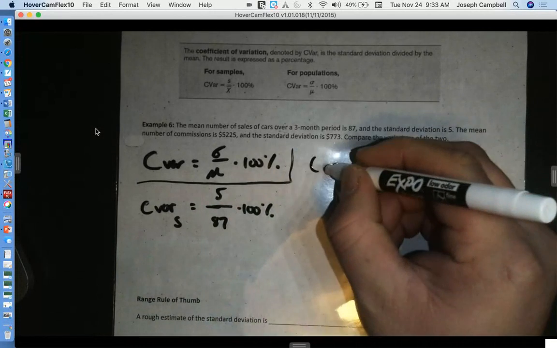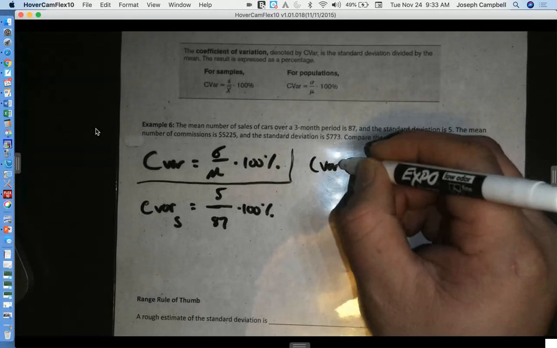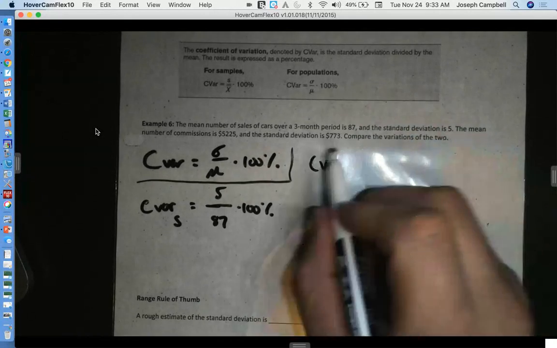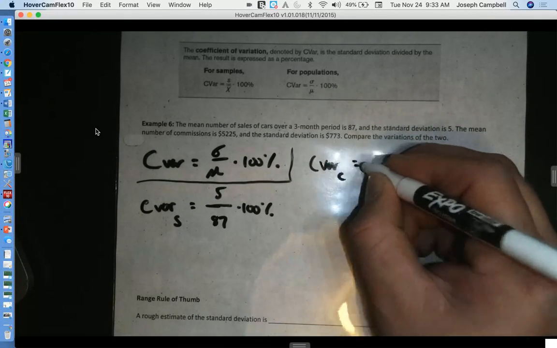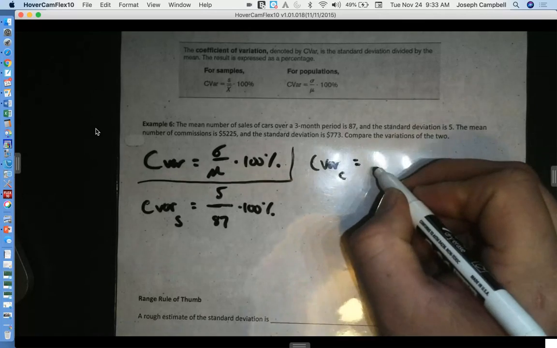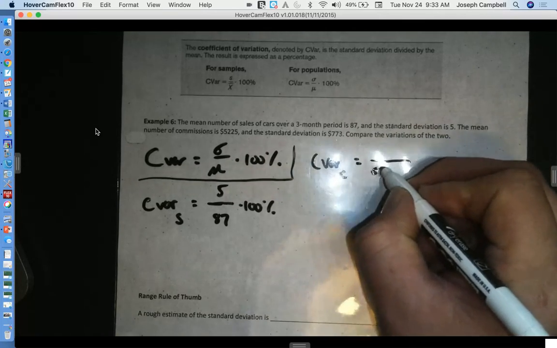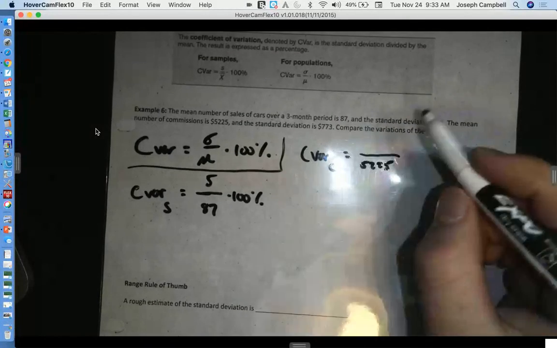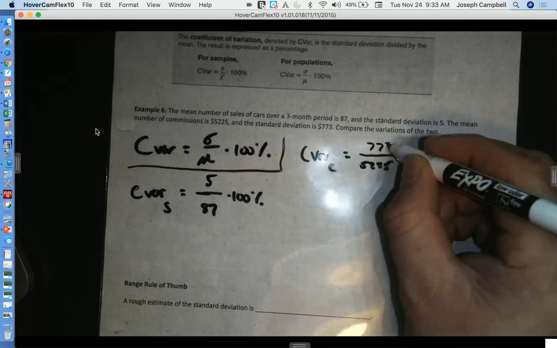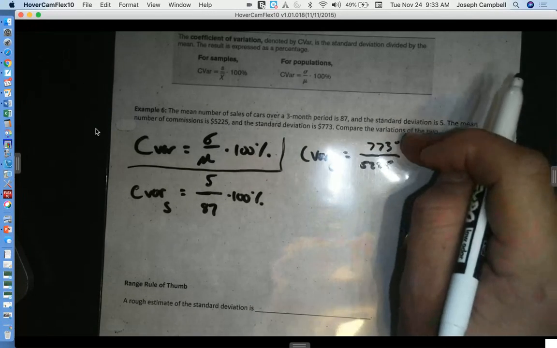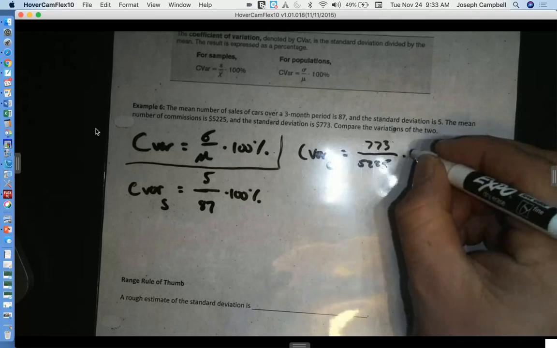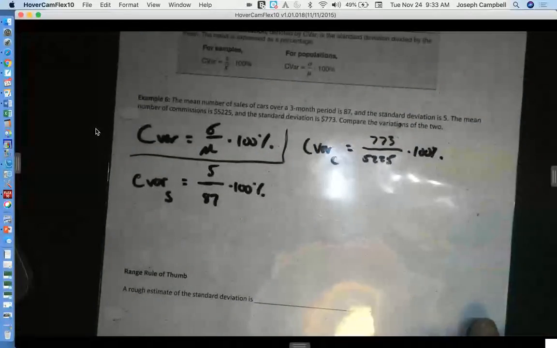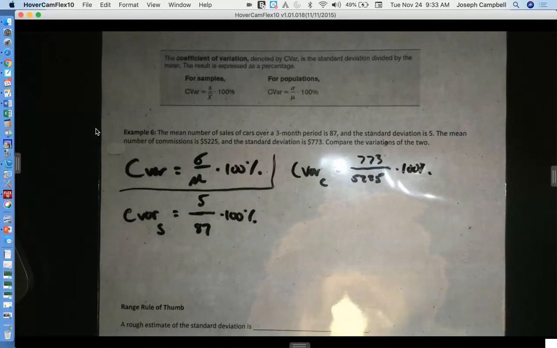Let's do CVAR for commission, so sub C. That's going to be divided by 5225. The standard deviation was 773. Times that by 100%. All right, let's see what those numbers are.